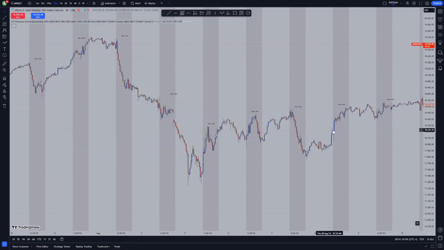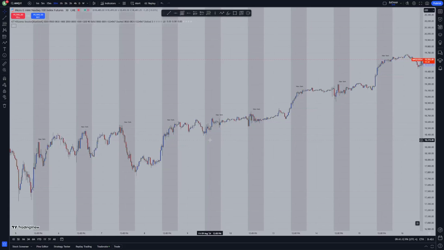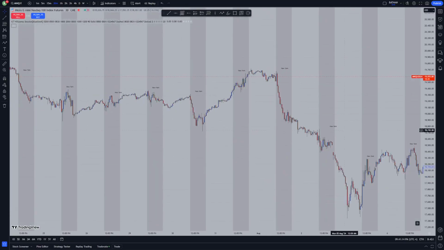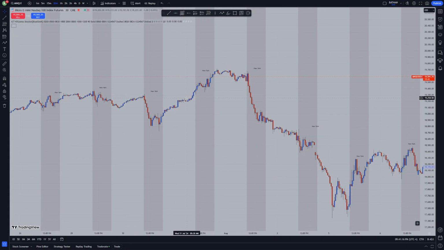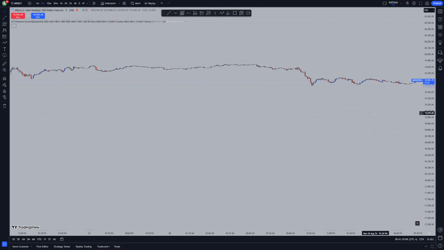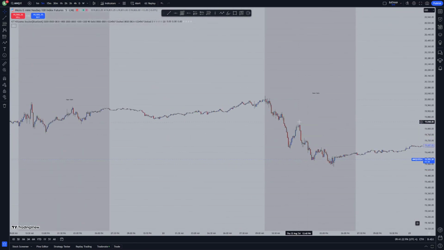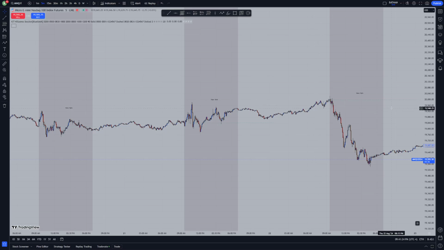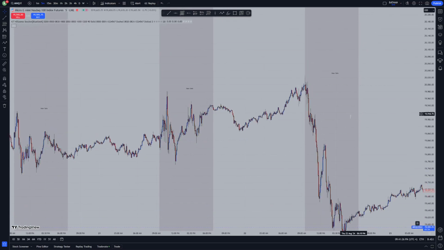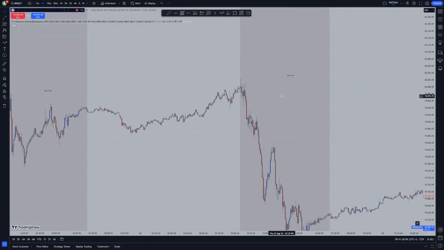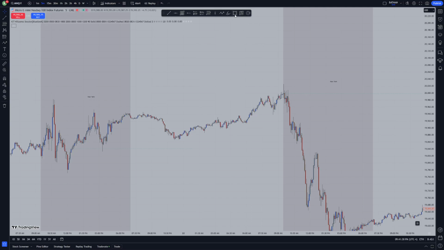Okay. Really gotta look at the 1 minute. Alright, over here we got equal highs. Higher highs and higher lows can be liquidity. That's the first indication. Or equal highs are here.